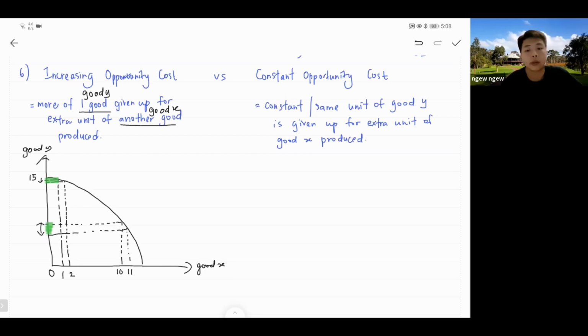You can put it in another way, as in firms are giving up a constant amount of good Y for every unit of good X produced.